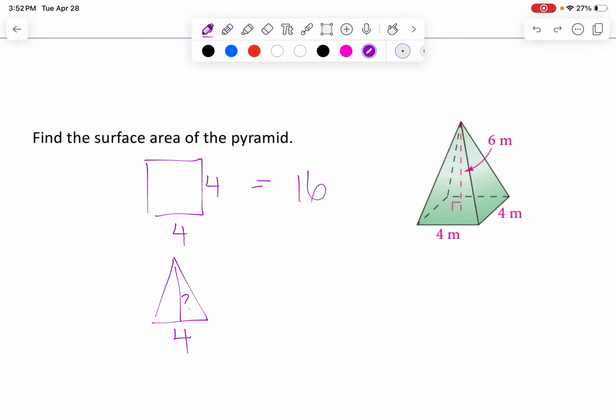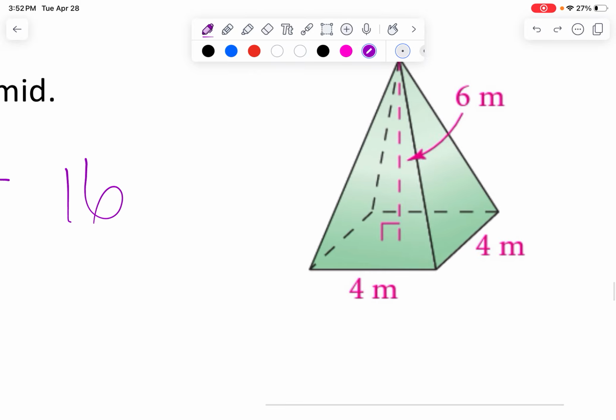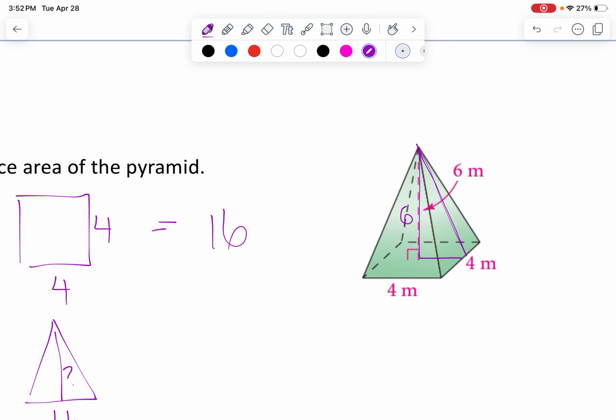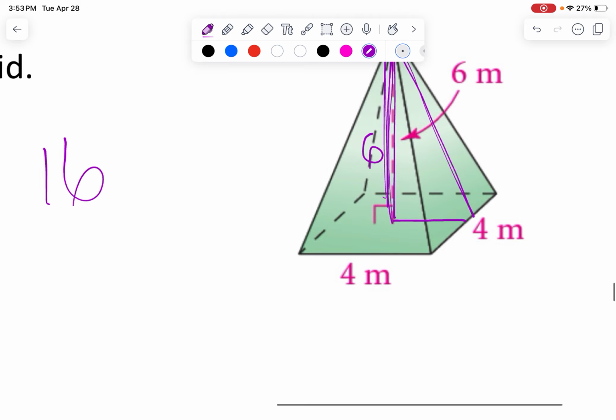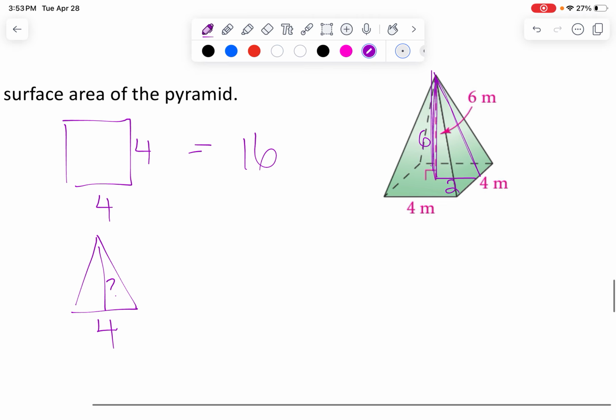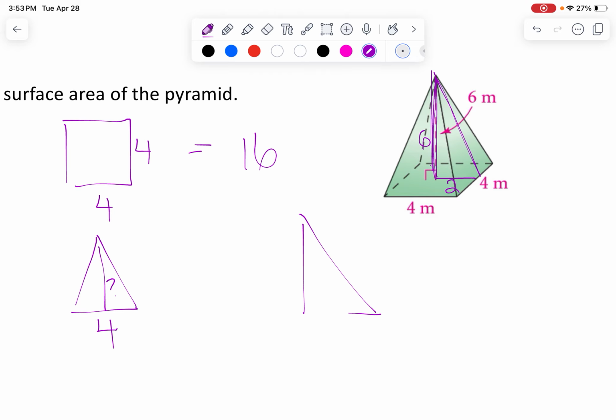The way we're going to do that is to figure out what this is. We know that this height is 6. Because the base is a square, this line that's dropped down the middle will be right down the middle of that square, so that makes this 2. So I really have a right triangle with 2 down here, 6 right here, and I need to figure out the slant height.